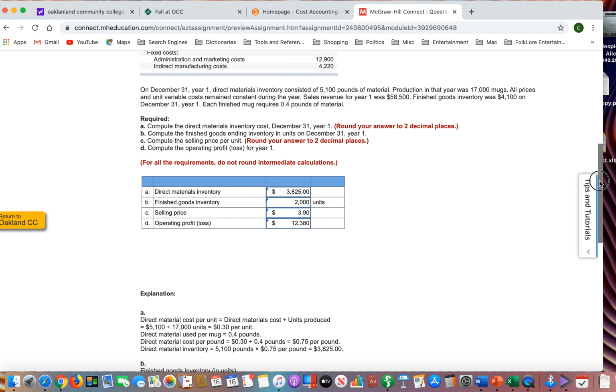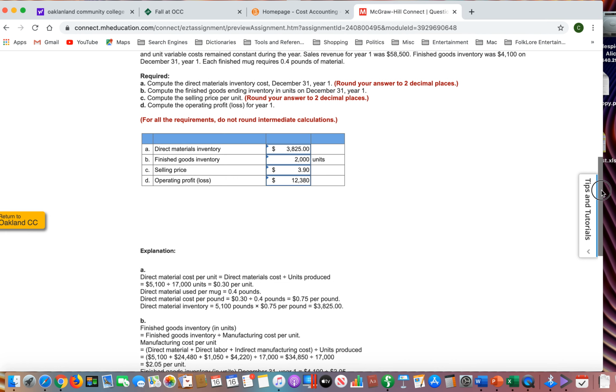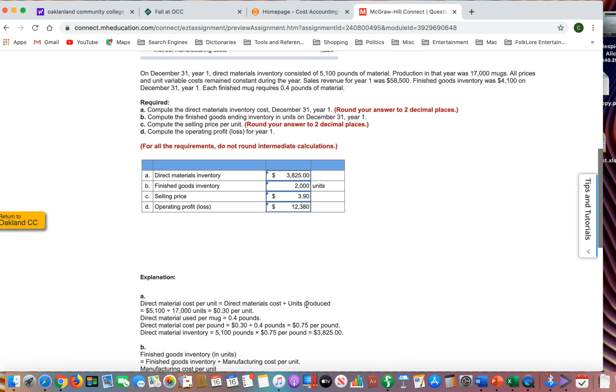Okay, well, as you can see here, this is your direct material cost divided by the number of units you produce. So it's 30 cents per unit worth of material.